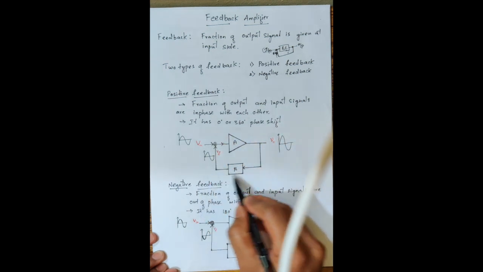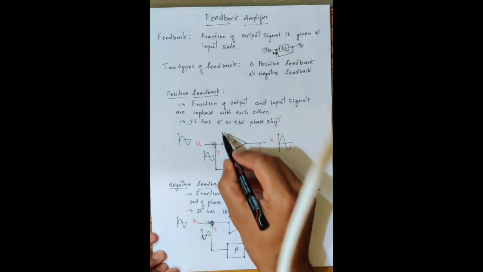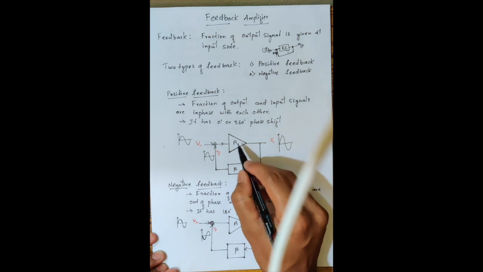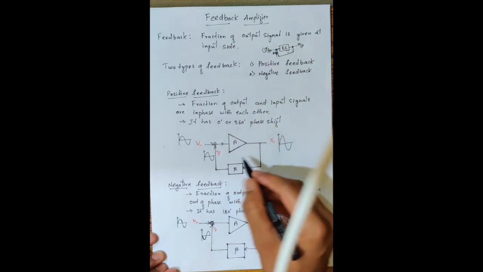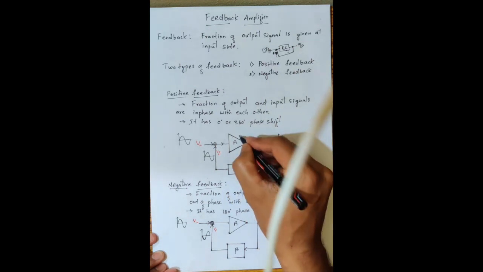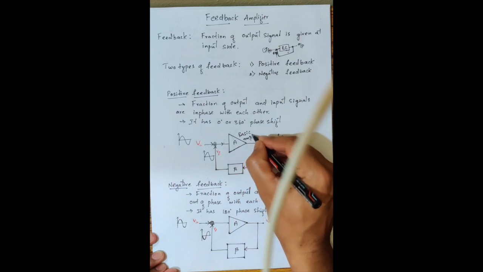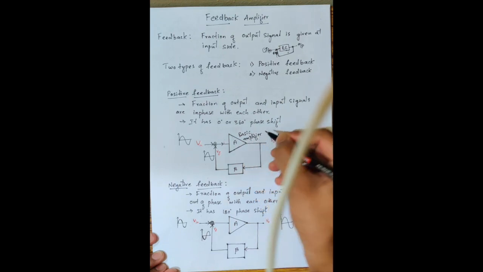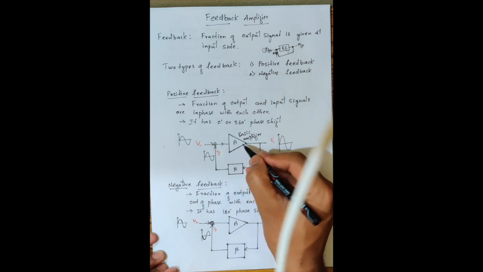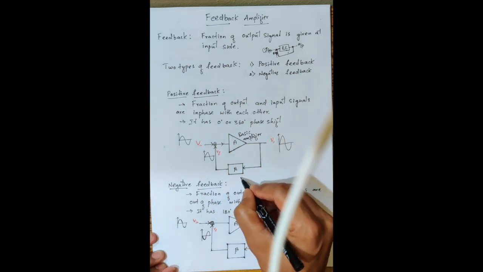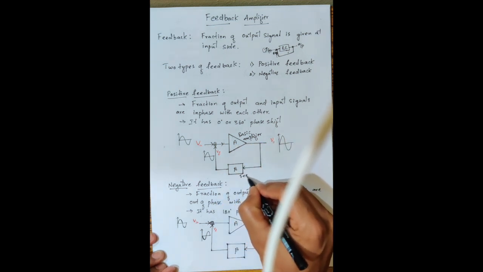For example, if I'm considering the feedback amplifier here, this is a basic amplifier. The basic amplifier will be either an operational amplifier or any transistor. The gain of this basic amplifier is A, and this is a feedback network.